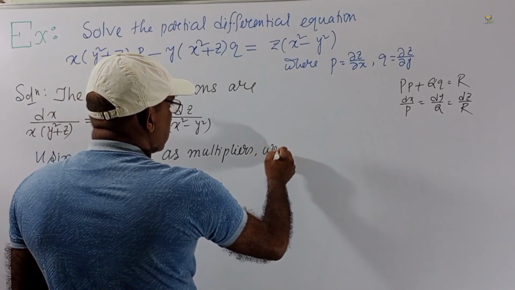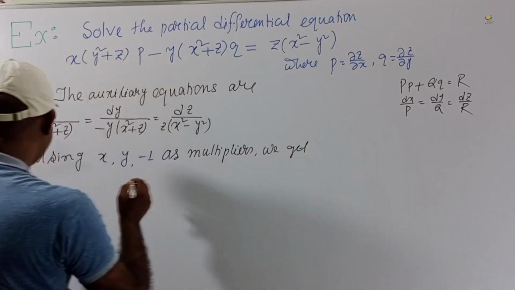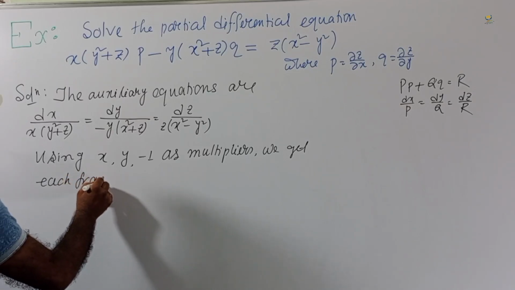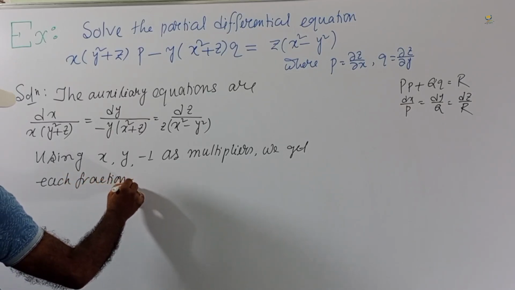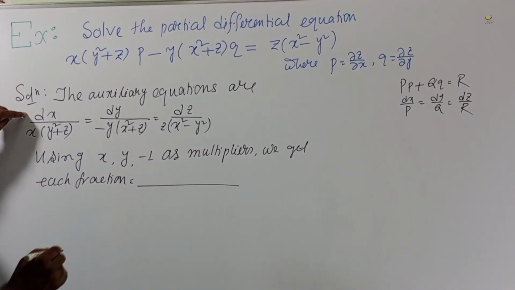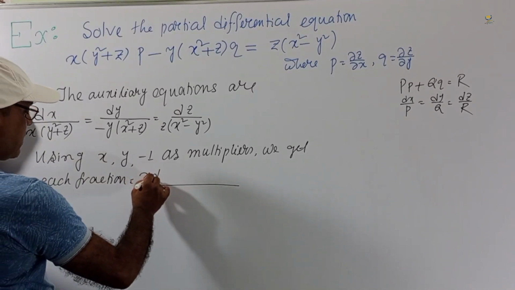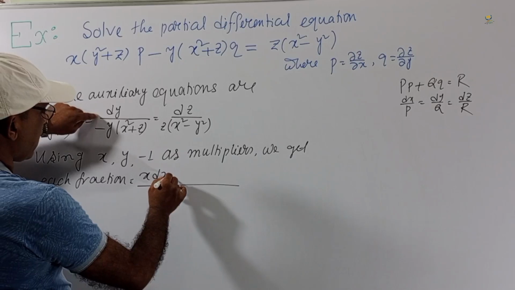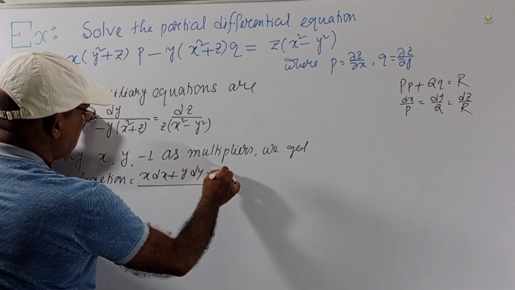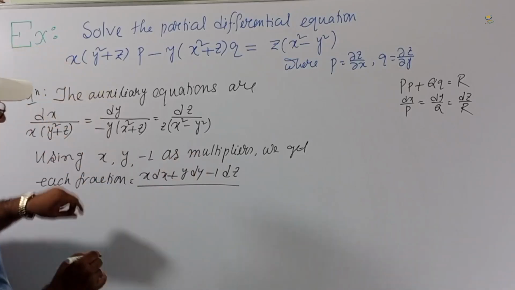We get each fraction equal to, we multiply this one by x dx, this is y dy, minus 1 dz.